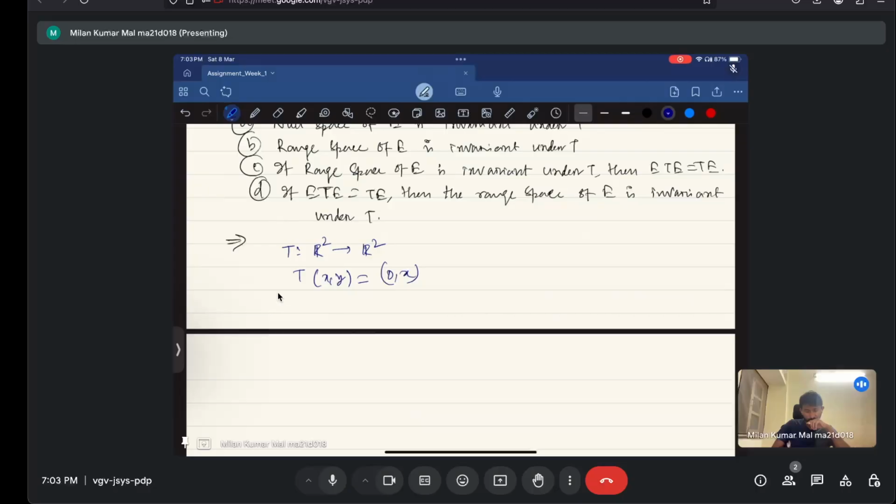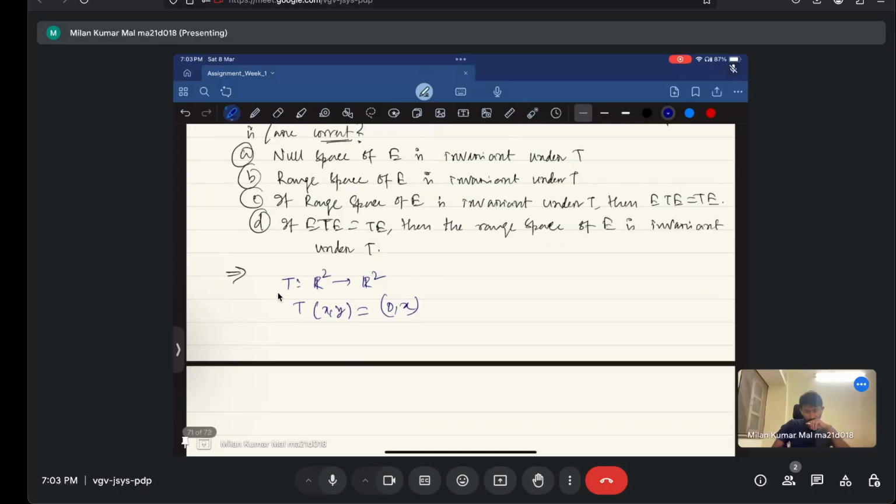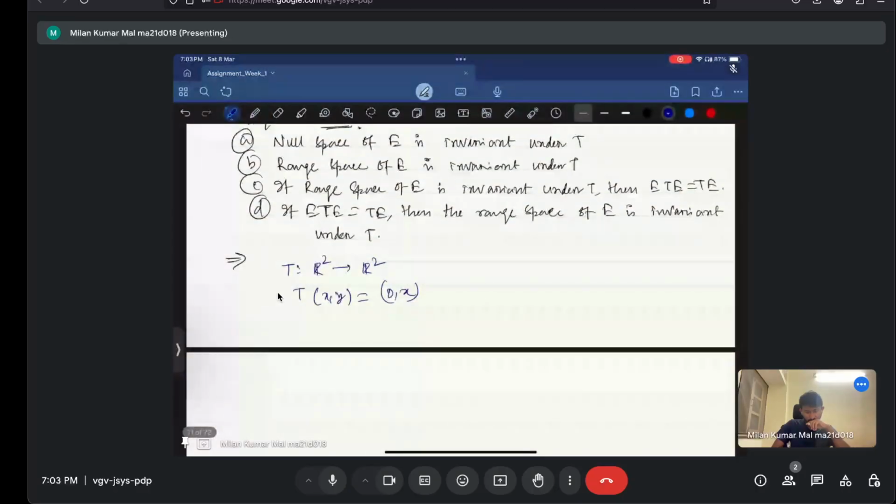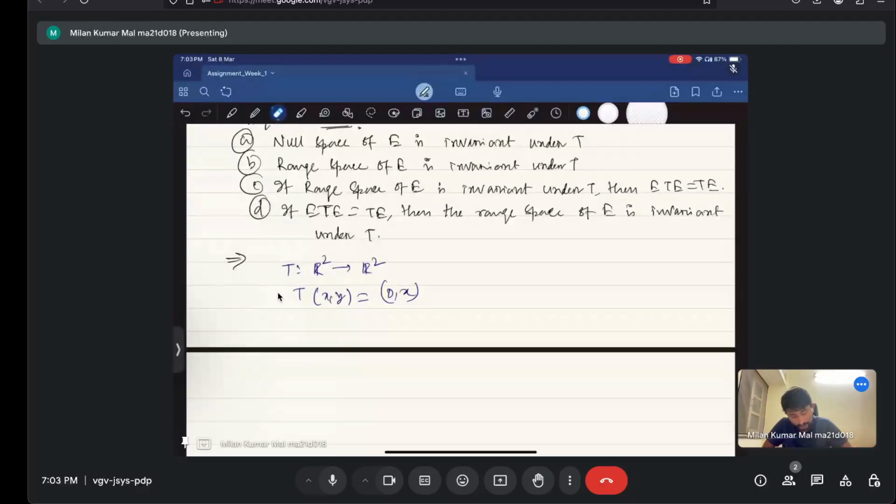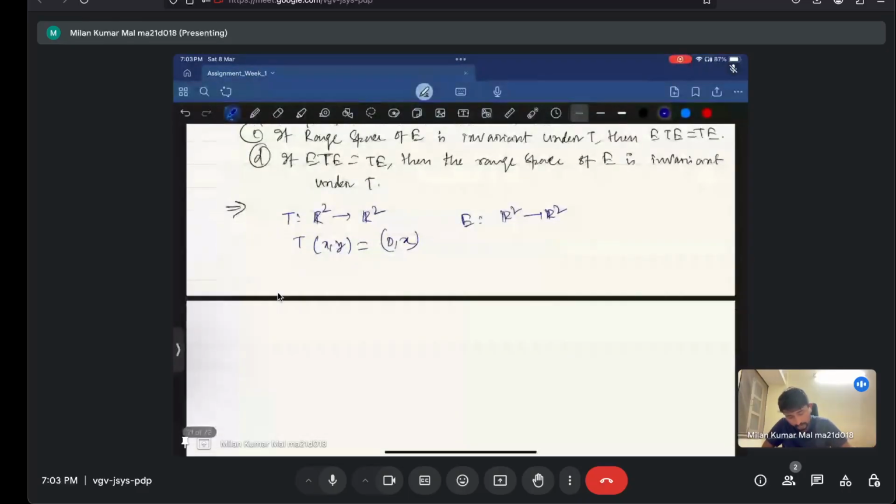Let E from R2 to R2 be given by E of (x, y) equals (0, y). This is the projection.